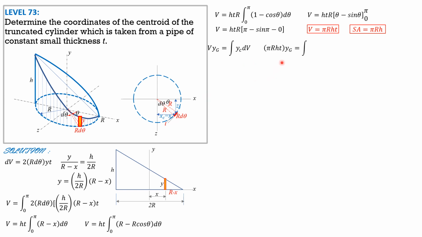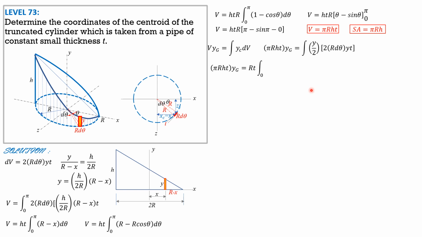So pi rht y_g equals integral from negative r to r of y sub c, which is y over 2. Then dv is 2r d theta yt, cancel 2.